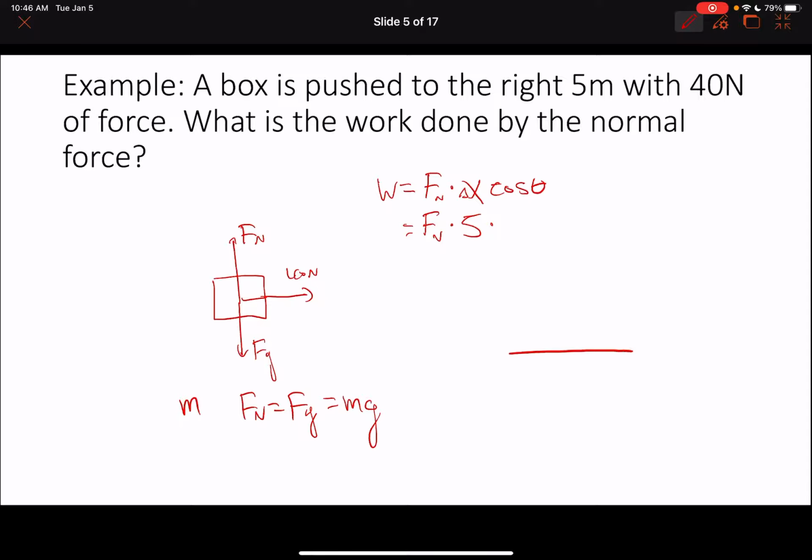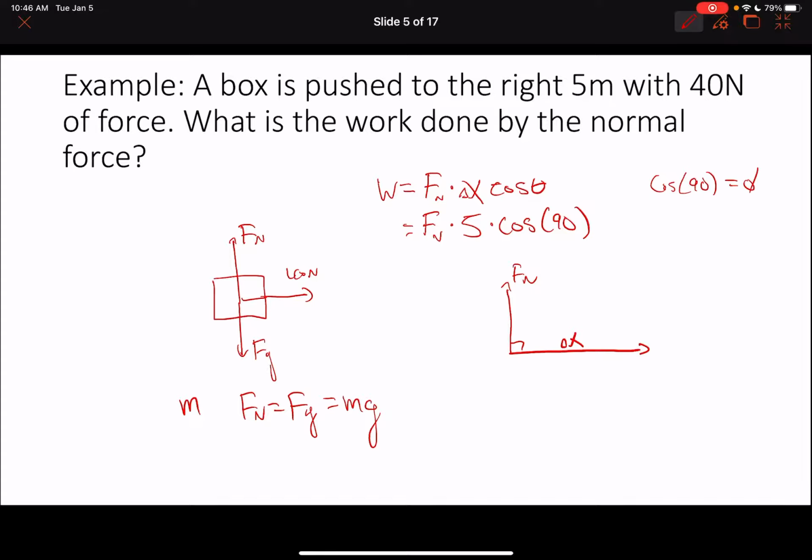If the displacement is to the right and the force is up, that means the angle between them is 90 degrees. So let's multiply by cosine of 90. Go ahead and punch in your calculator cosine 90 degrees and get an answer. If you do this, you should get the answer that cosine 90 is equal to 0.